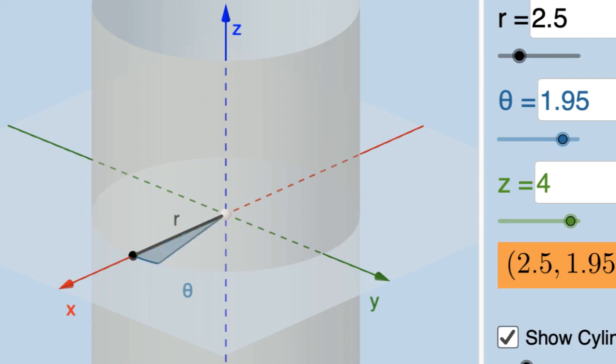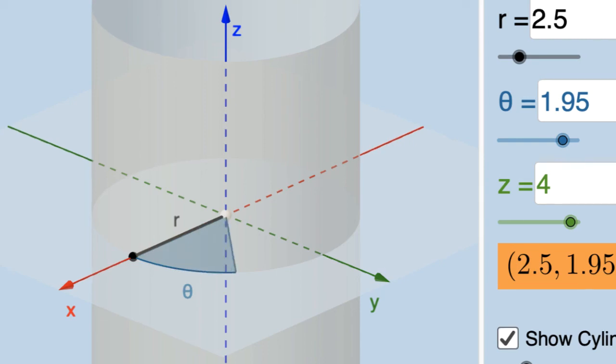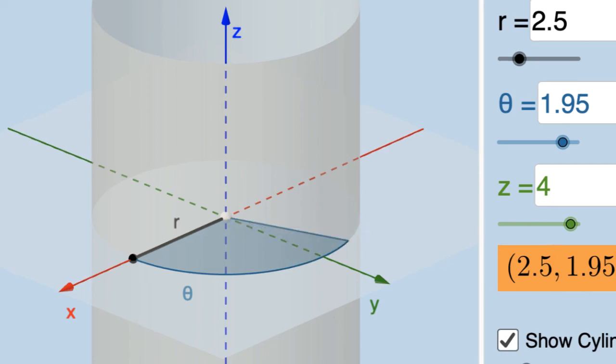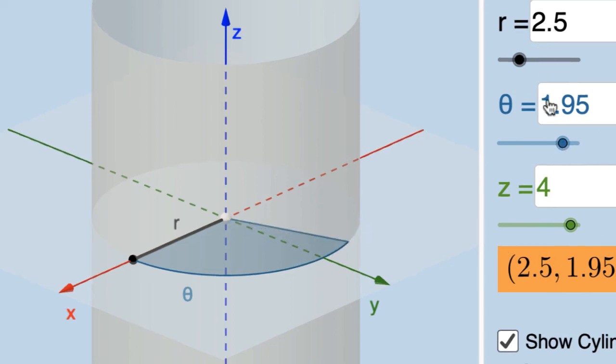So let's see. Remember that pi is like 180 degrees, and pi is like 3.14. So this is a little bit more than 90 degrees. Okay, so with these two coordinates, it's enough to specify a point on the xy plane, and that's how you would typically have done that before.